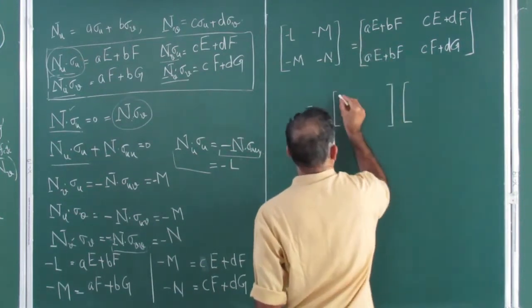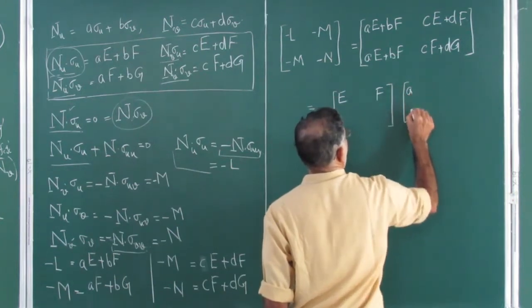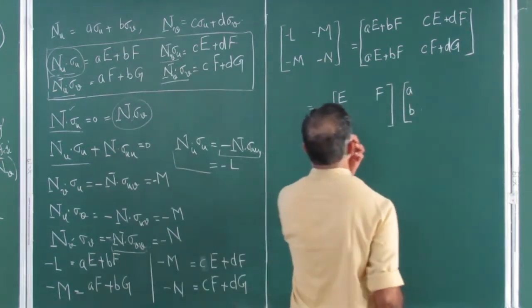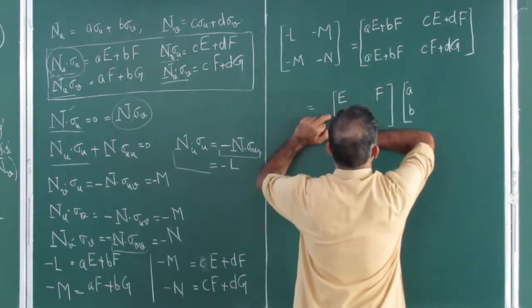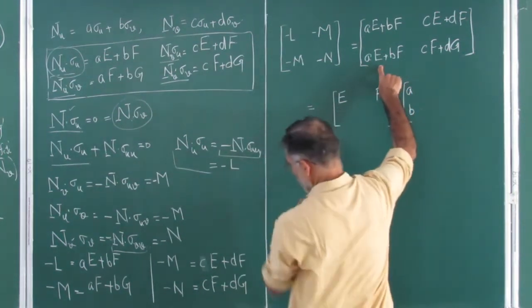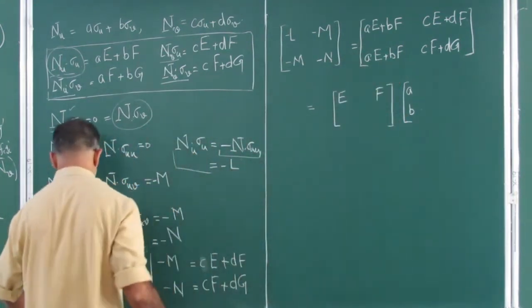So what I will do, EF AB. You can see that. And so you get EF AB. Come on, what did I write here? There is something wrong here.